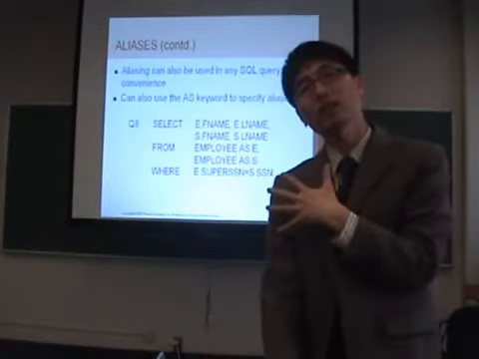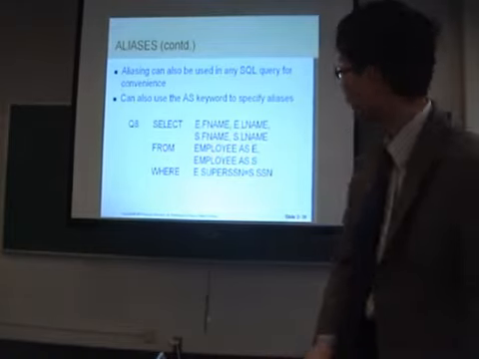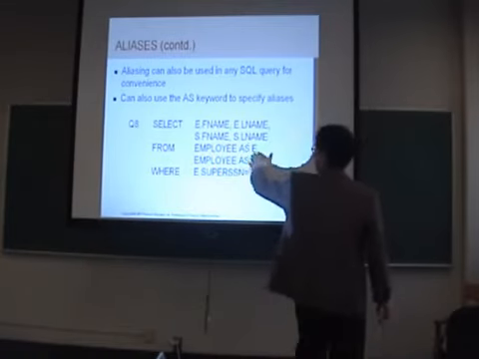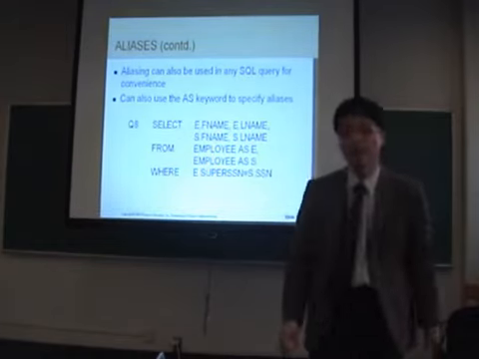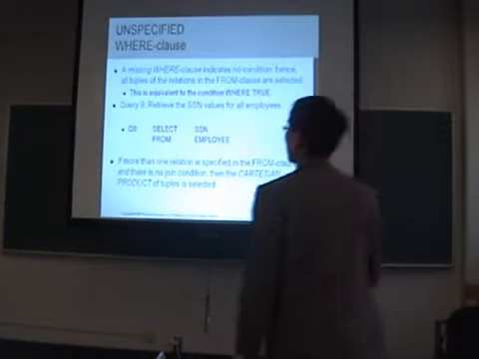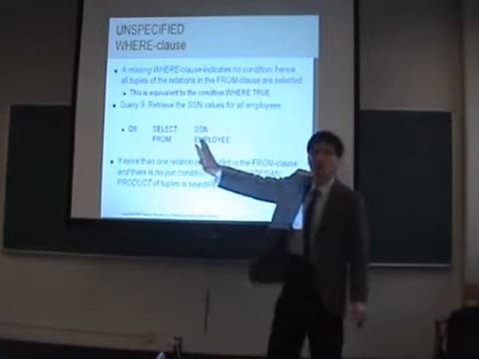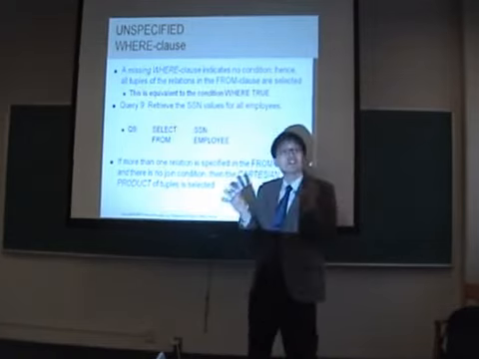We will test all of these queries in exercise lab 2. This is the same thing. Employee S. AS is optional for alias. We can use S for aliasing. What if there is no where condition? It works. Only select and from are mandatory. Where is optional.